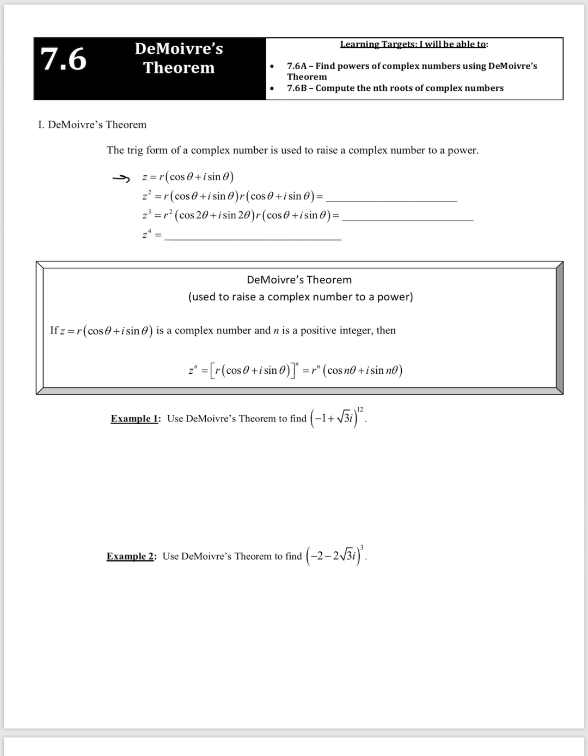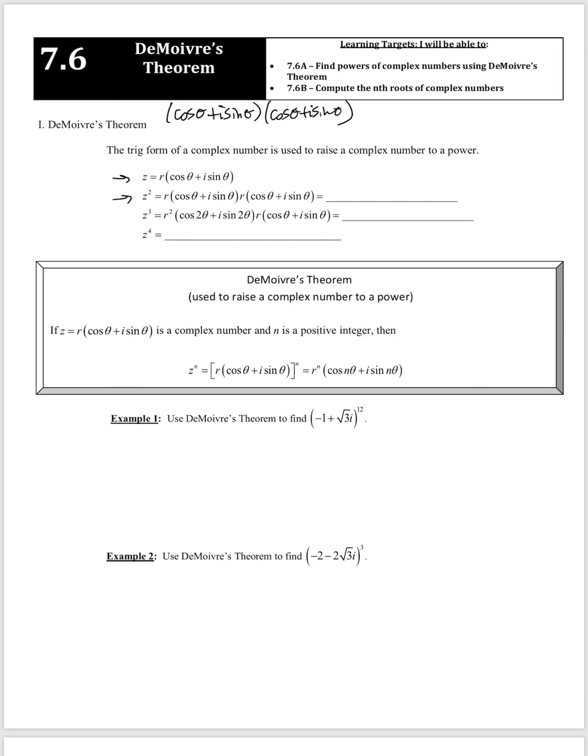So here is some complex number z, and it's being raised to the first power here, r times cosine of theta plus i times sine theta. Z squared then is going to be z times z, and if we go ahead and box method all of that, we end up with cosine theta plus i sine theta times cosine theta plus i sine theta.